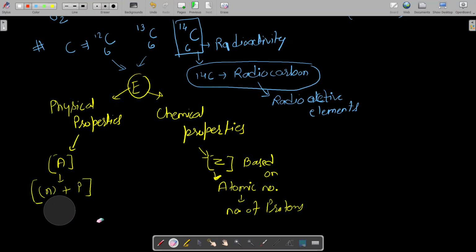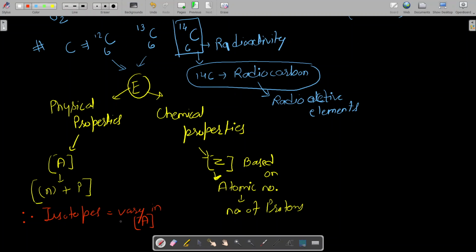So in the case of isotopes, isotopes vary on the basis of atomic mass. Say yes or no? Yes.